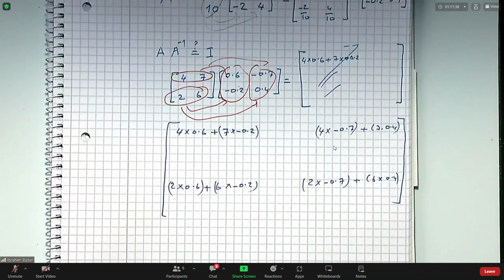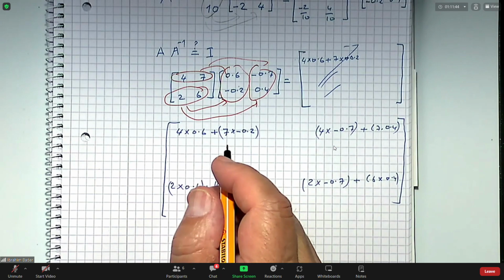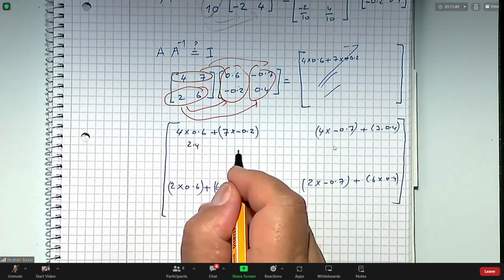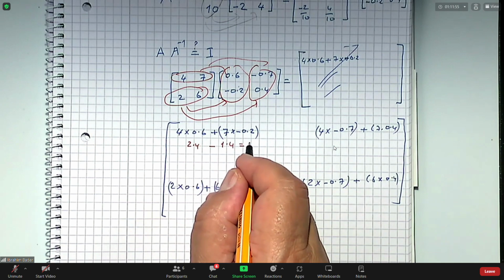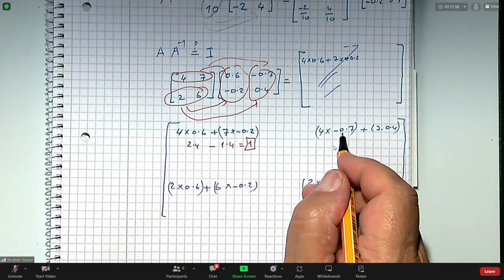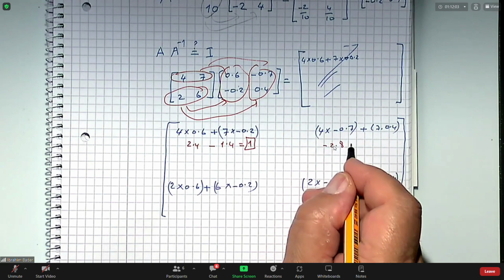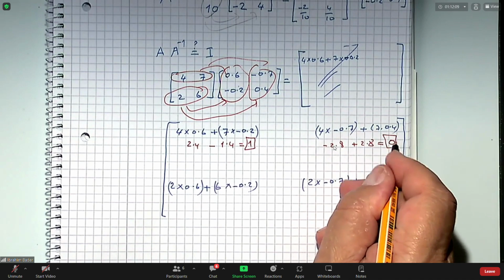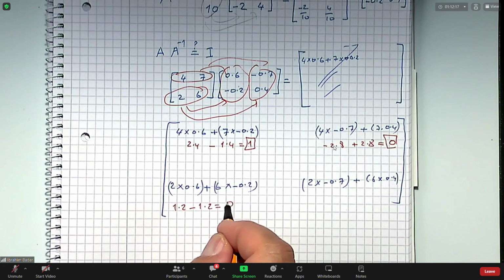Okay, so let's evaluate them one by one. So 4 times 0.6 is 2.4, right? Plus minus 1.4. So the result here is 1. This one here is negative 2.8, right? Plus 2.8. So the result here is 0. Here I have 1.2 minus 1.2. The result is 0.